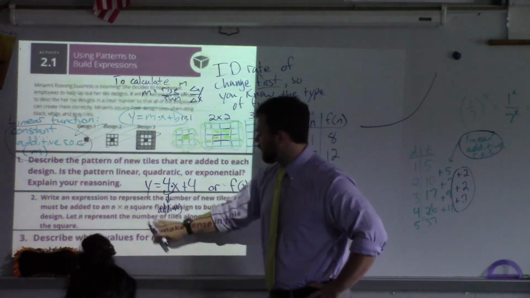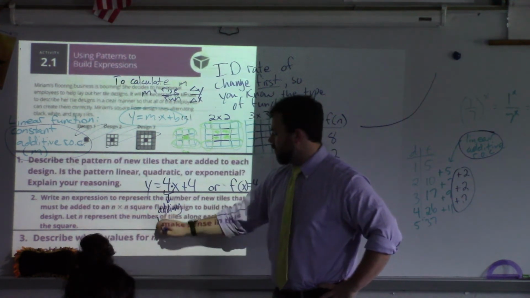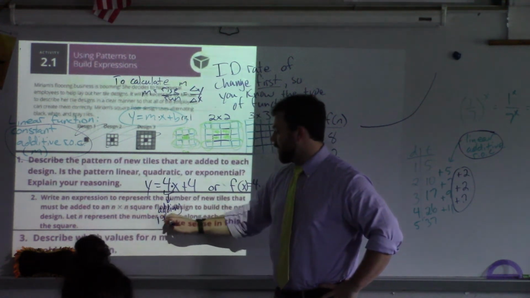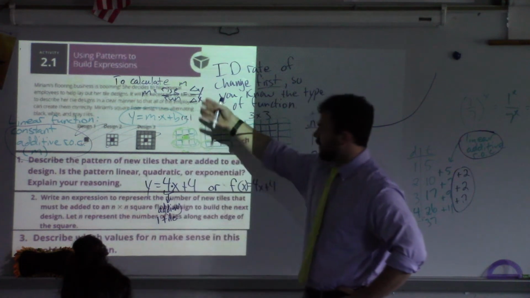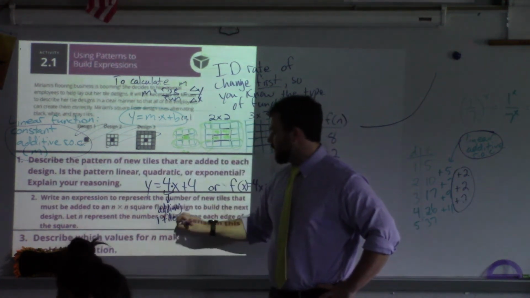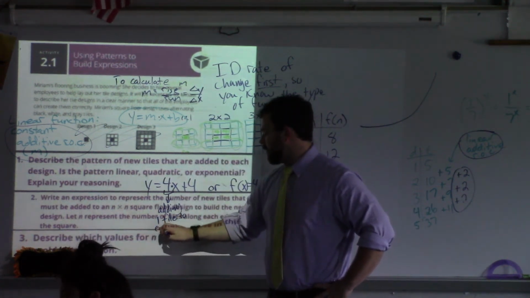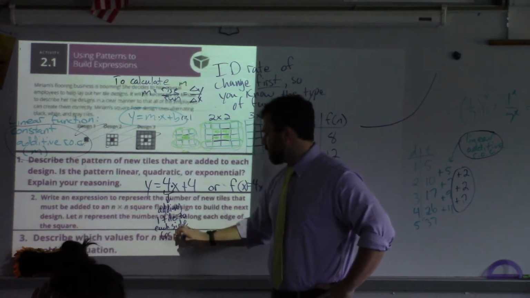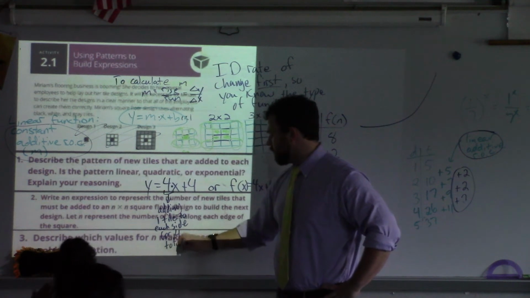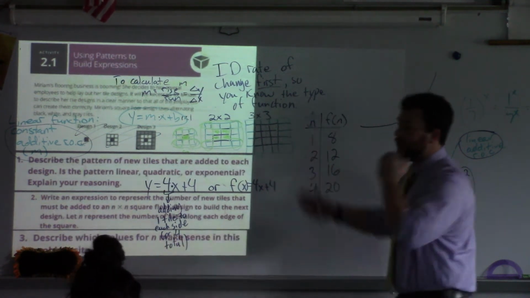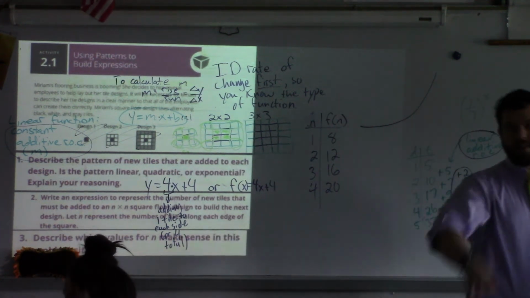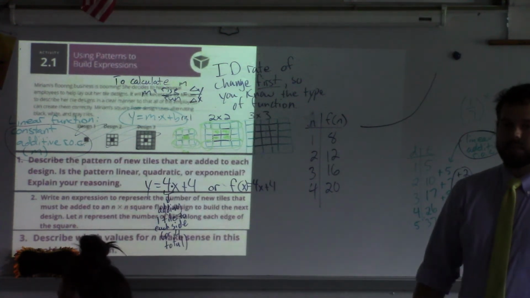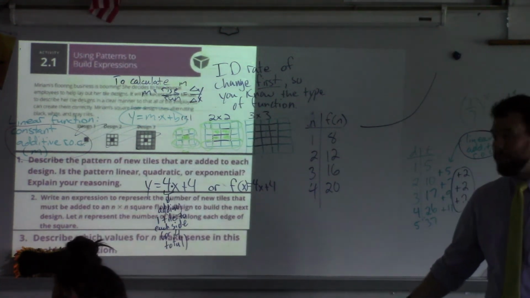Or adding how much to each side? 1. Okay, and in the context, it's tiles. Adding 1 tile to each side, or 4 total. Right, you could have just said, we saw that we were adding 4 tiles every single time. That would have been completely acceptable.